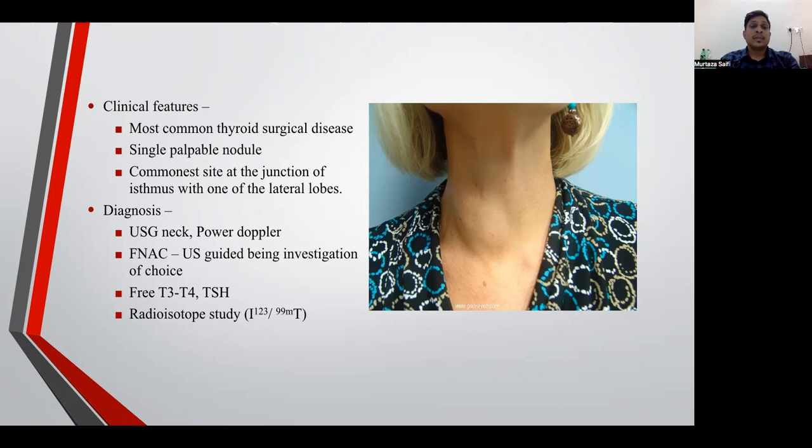USG guided is the investigation of choice. FNAC is the first choice. The T3, T4, and TSH should always be done, also to make the patient euthyroid before operating. Then radioisotope study, which is iodine 123 and technetium 99.